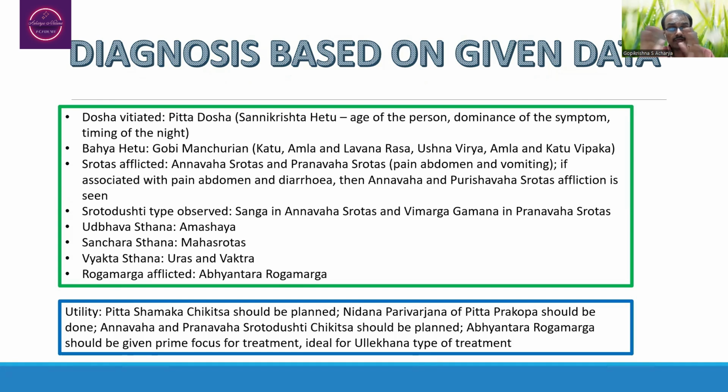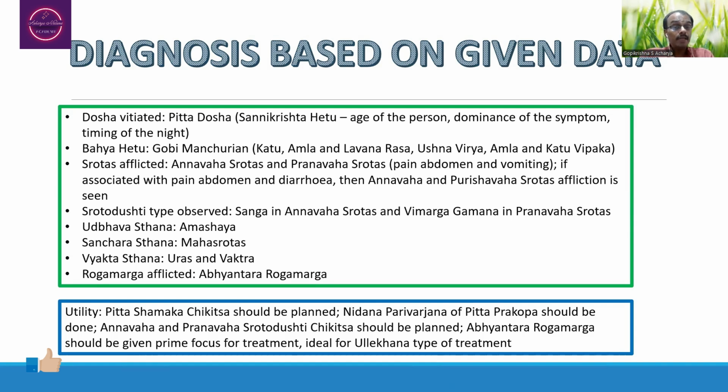Now, regarding the further decoding of this case scenario, the dosha vitiated was considered to be Pitta. When you think about Sannikrishta Hetu, the age of the lady was 38, which comes under the natural Pitta dosha dominant age group, that is 30 to 60 years. And the symptom worsened at around 12:30 midnight, which is again considered the Pitta dosha dominating time.